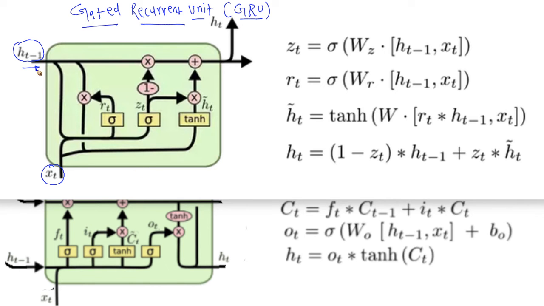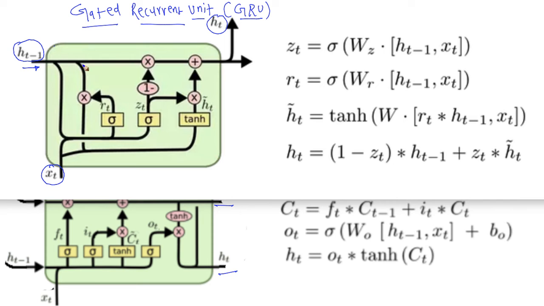We don't have cell state. We are not maintaining cell state here. Only 2 inputs coming, right? And we are getting only one output ht, whereas in LSTM we're getting these 2 outputs, this one and this one. Here we are getting only one output ht, right?